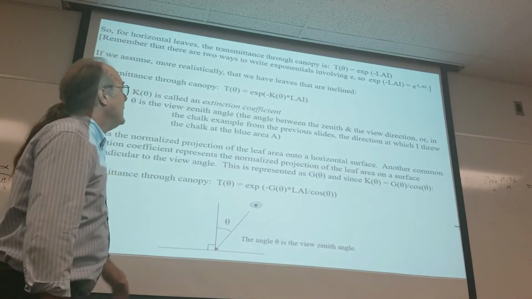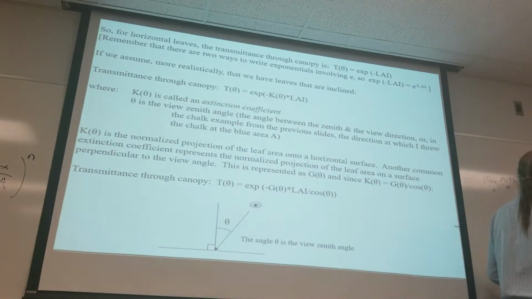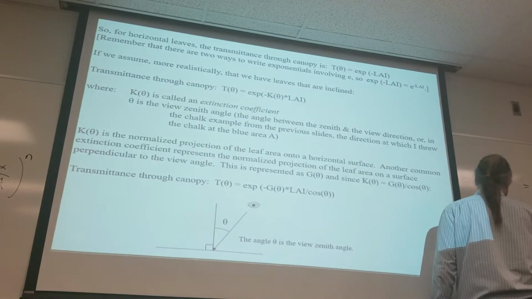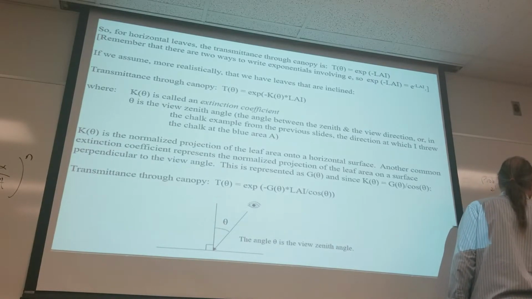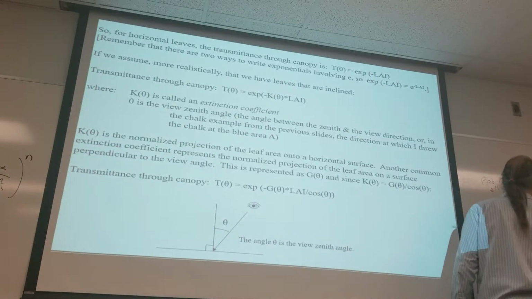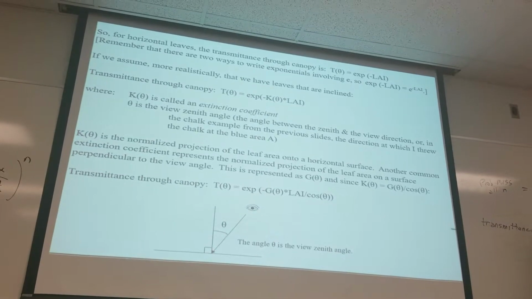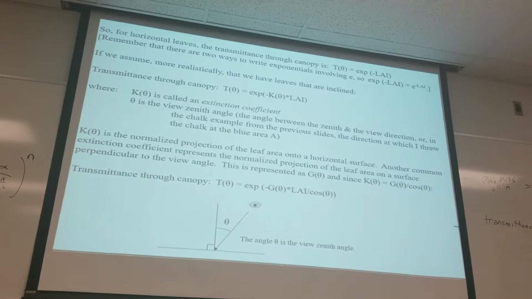So if we want to apply this transmittance equation to a more realistic canopy, the transmittance is exp to minus k of theta, this function, times the leaf area index.